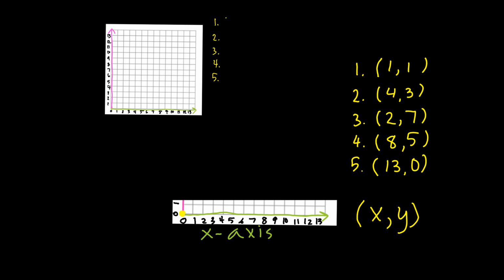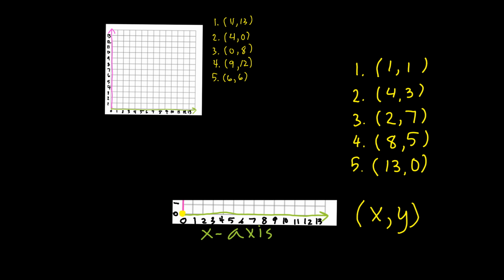Here are your 5 points. 11, 13, 4, 0, 0, 8, 9, 12, and 6, 6. Go ahead and plot those now. When you're ready to check, just hit the play button again.